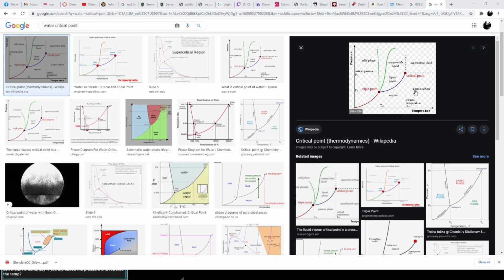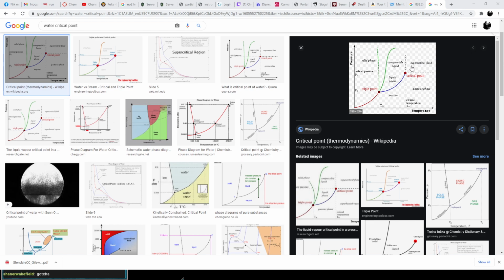So we're in the gas phase down here. If we were to lower the temperature at the same pressure, we would be a liquid still. If we increase the pressure, we're still going to be a liquid. If we decrease the pressure, we're still going to be a gas. So we have to hit both of those marks to be able to be a supercritical fluid. So you have to increase both of them. Yeah, that's the point there.